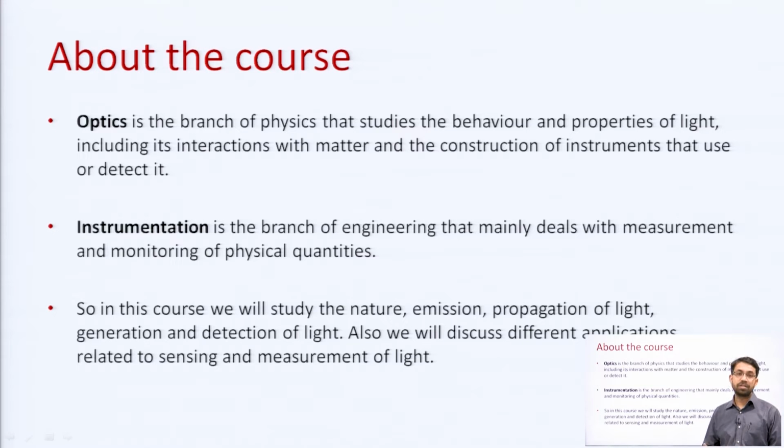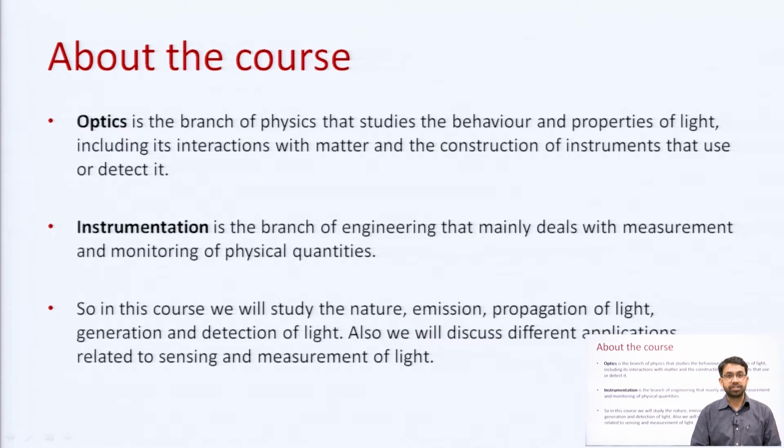It is that branch of physics in which we study about light, its properties, its behavior, including its interaction with matter and the construction of instruments that use or detect it. So, this is a branch of physics that deals with the study and the instruments of light. Next is optical instrumentation.